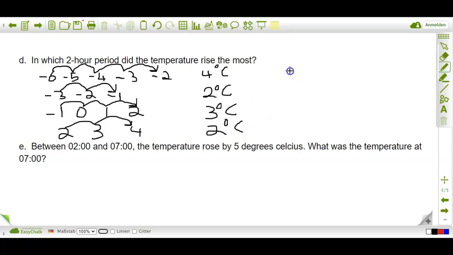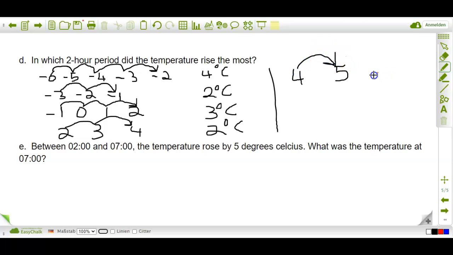And then the last rise in temperature was from 4 degrees Celsius to 5 degrees Celsius. There is no number in between, so the rise is 1 degree Celsius because you move 1 place to the right.